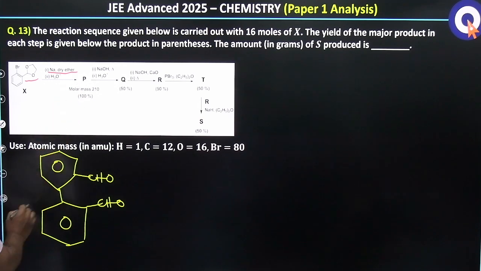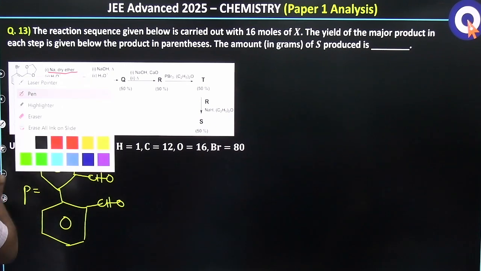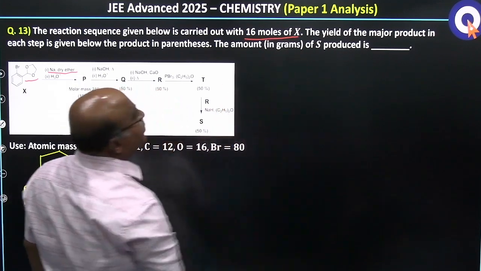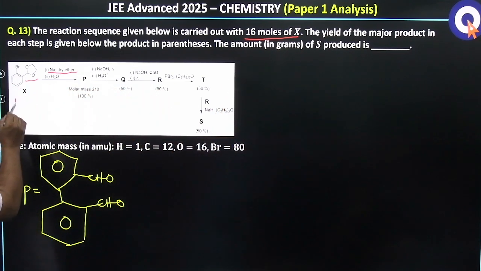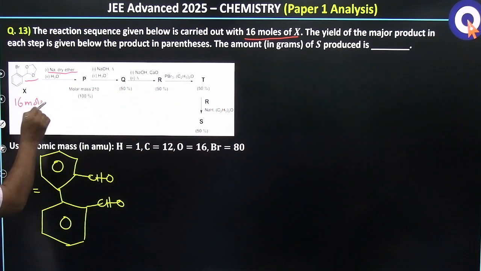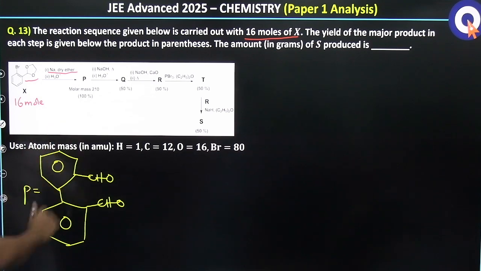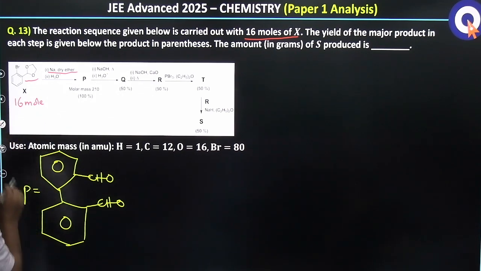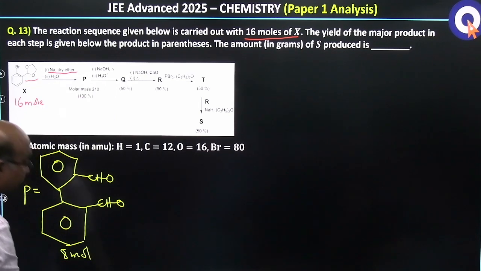So this is our P. He said it is 100%. The reaction started with 16 moles of X. If you take 16 moles with 100%, because it is a Wurtz-Fittig type or Fittig reaction, two aryl groups are reacting, so 16 moles will give only 8 moles of this. So we get 8 moles.